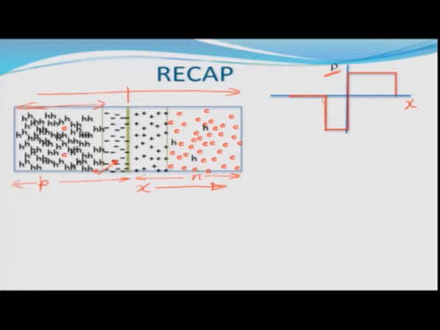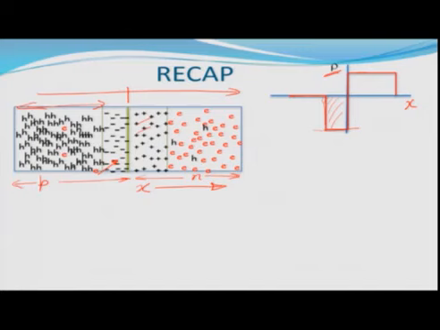We have taken a step function type of thing. So, assume that the charge density is constant in this region. This is the negative charge density here, and similarly, as you cross that junction, you have this positive charge region, shown by this line. So, you have positive charge density and then it goes to 0.